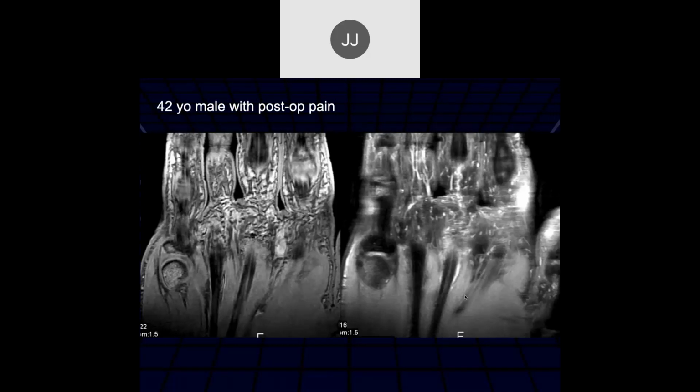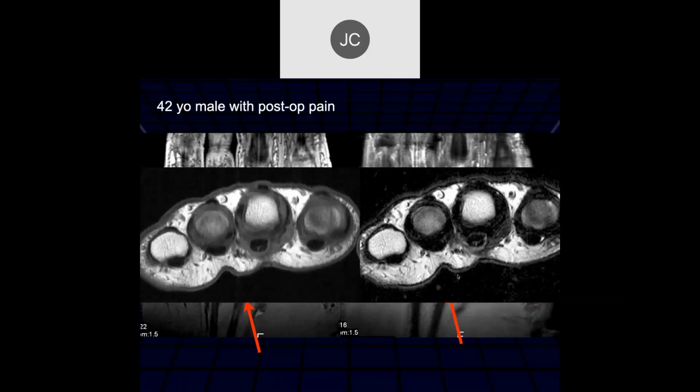42-year-old male, post-op pain. There's a third digit that hurts in the palm of the hand. There is signal running along the flexor tendon. Could be a bit of fluid next to it there. Now, if we go to the axial images, the superficial tendon has some signal in it, and we have a lot of thickening overlying it compared to the normal side.